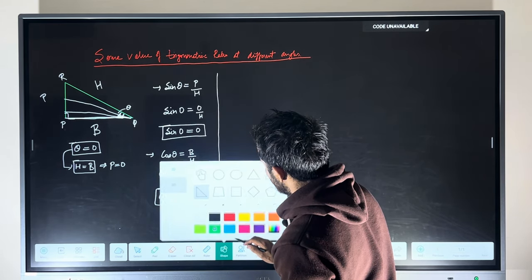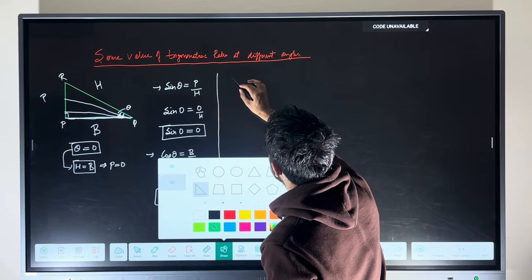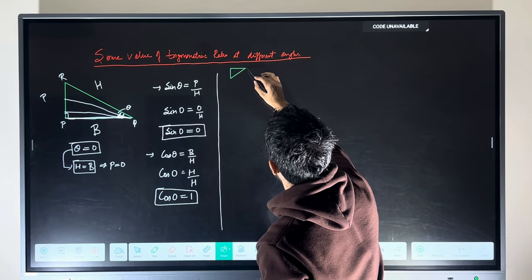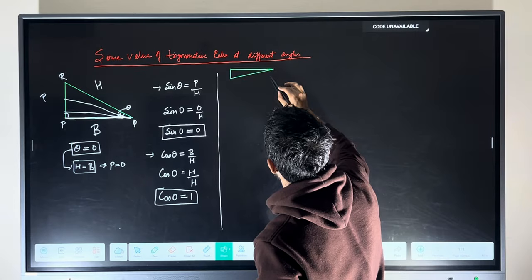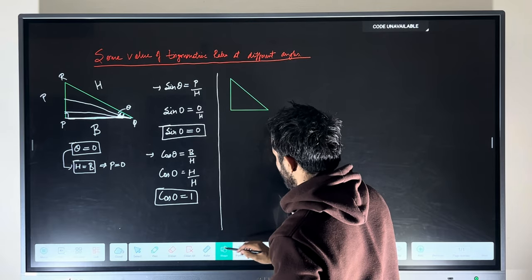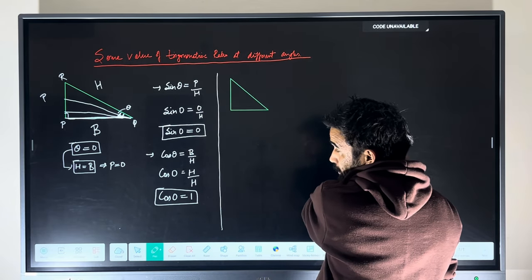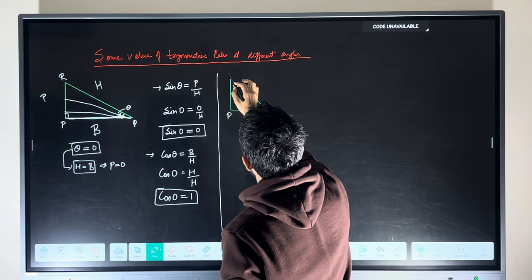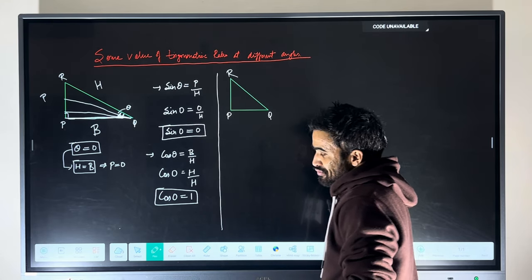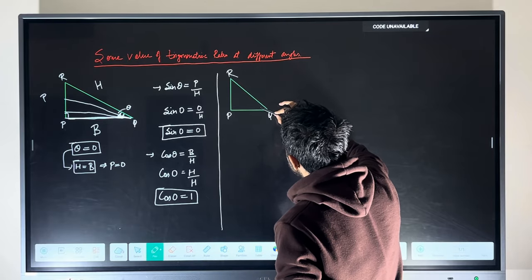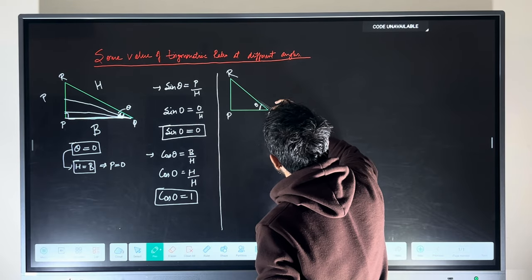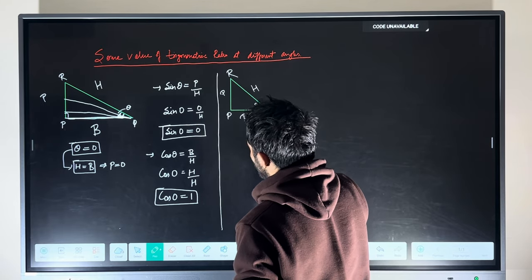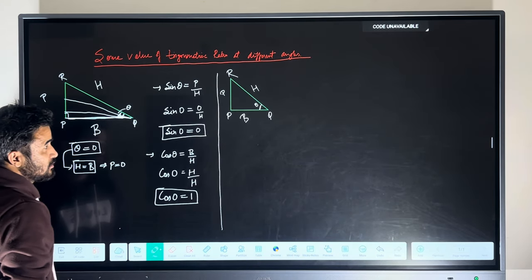Now here I am drawing one triangle. Okay, so again in this triangle, this is P, Q and R. We are considering this angle as theta, so it will be perpendicular, it will be base, it will be hypotenuse.